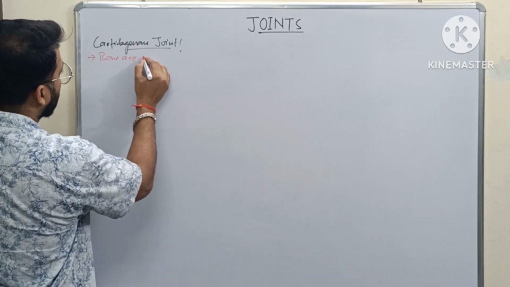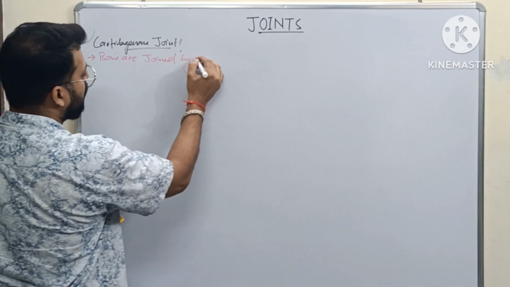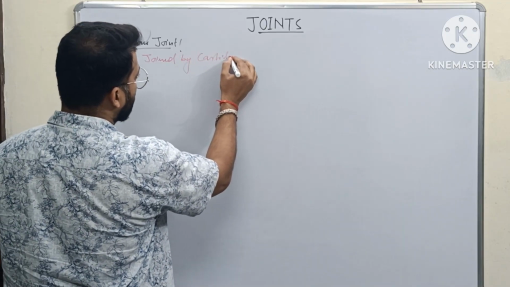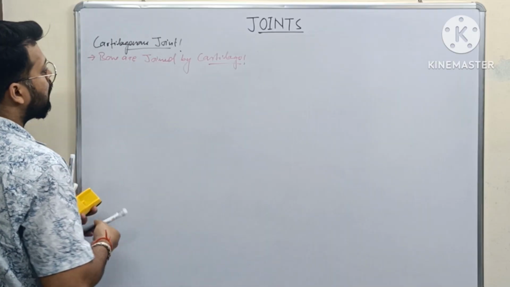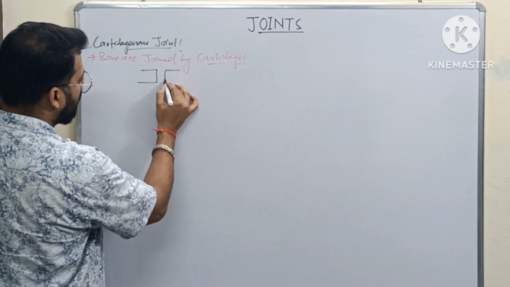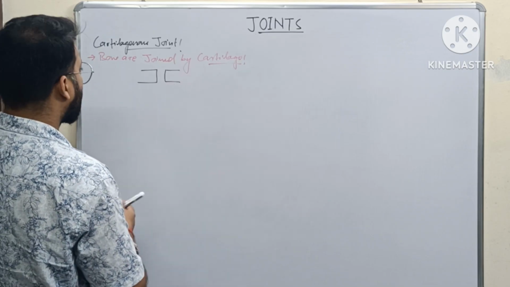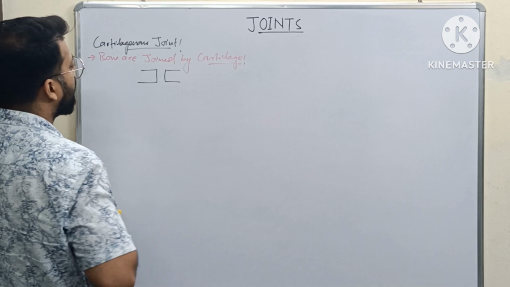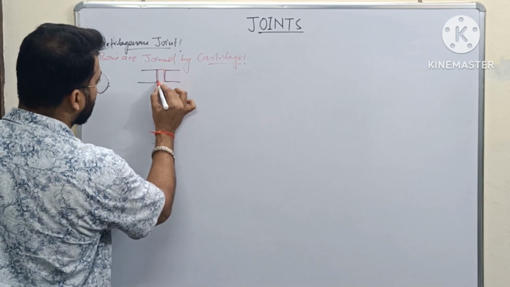Now this is one bone and this is another bone, and these two bones are joined by a cartilage.